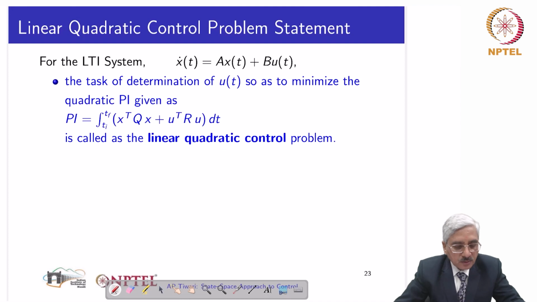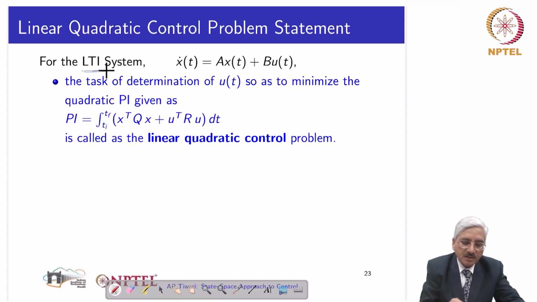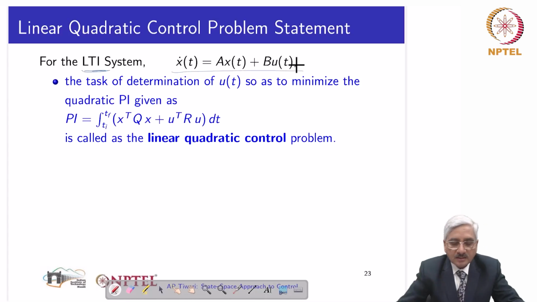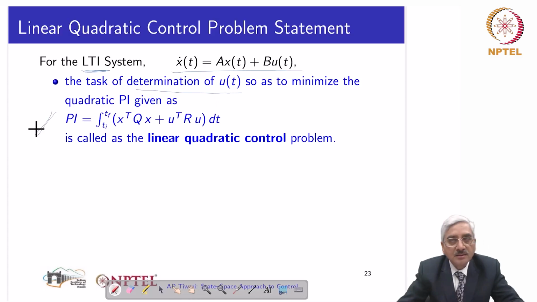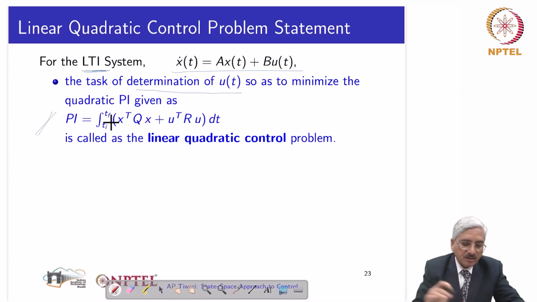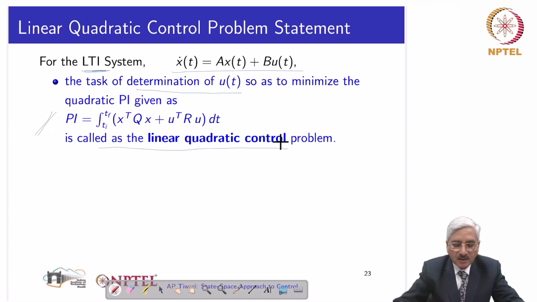Now with that background, we come to the linear quadratic control problem. We state the problem. Given the linear time invariant system x dot equal to Ax plus Bu, the task of determination of u so as to minimize the quadratic performance integral between the limits ti and tf is called the linear quadratic control problem.